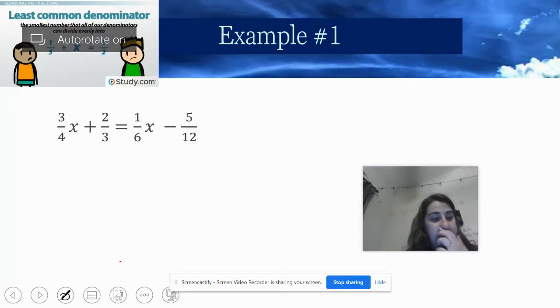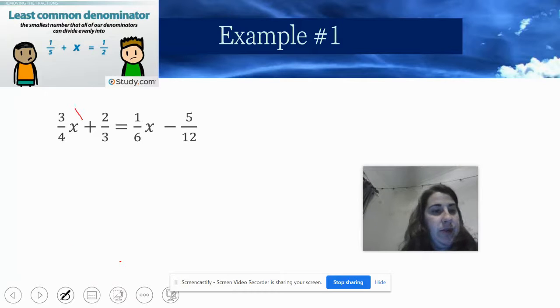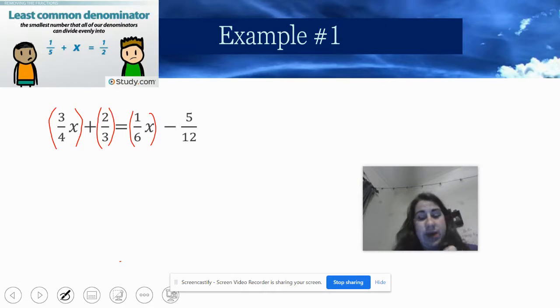First thing I am going to do is draw parentheses around each term, around each fraction. And I am not including the plus or minus signs. I am only doing it around the term. So however many terms you have in your equation is however many parentheses you need to have.